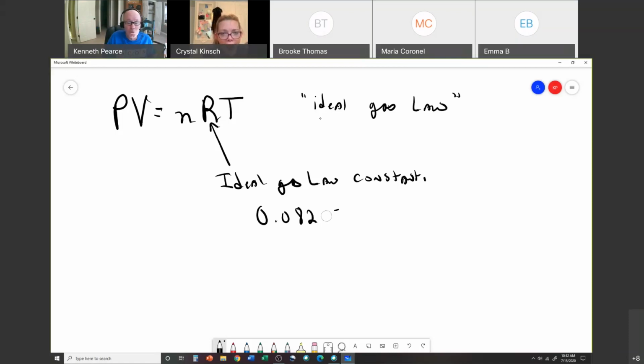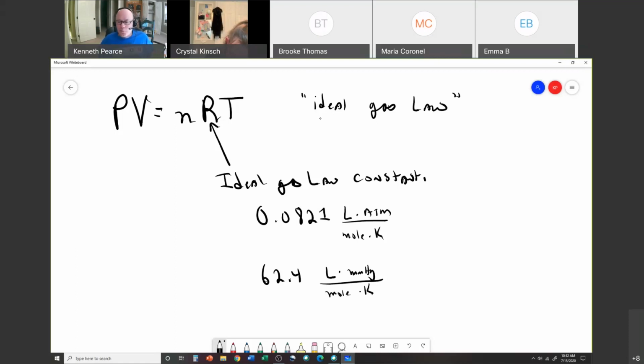We'll go 3 sig figs. 0.0821 liters atmospheres per mole Kelvin, and then you have 62.4 liters millimeters mercury per mole Kelvin. We have two out of many.